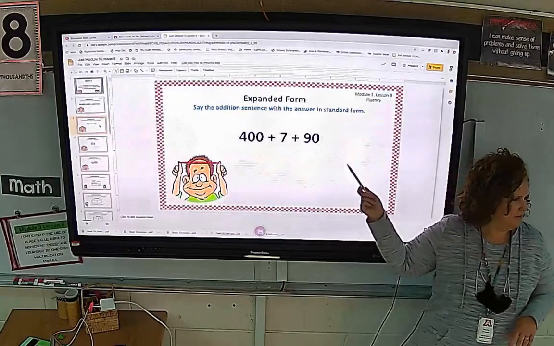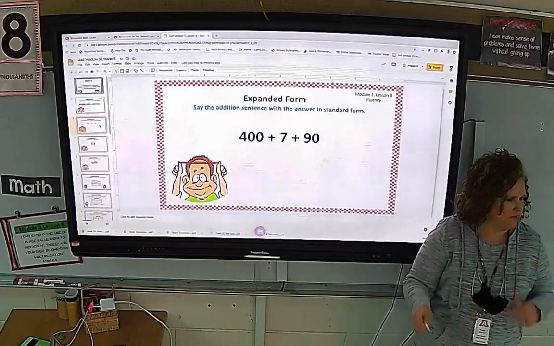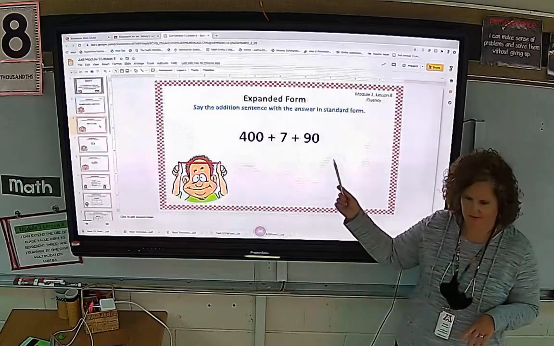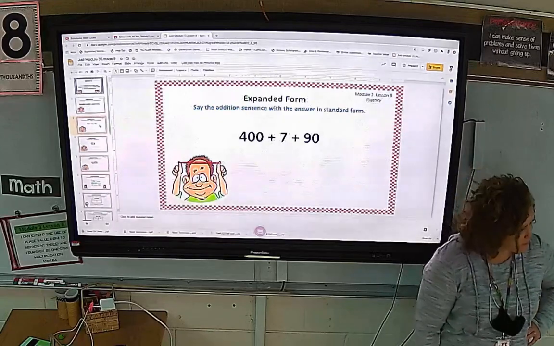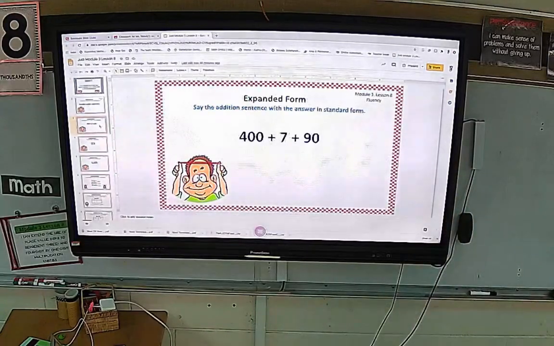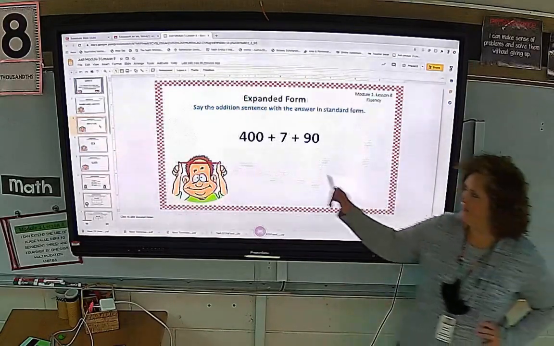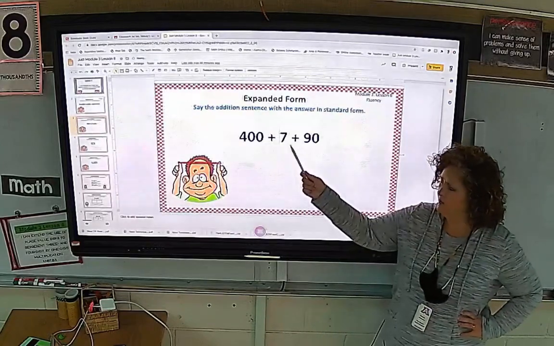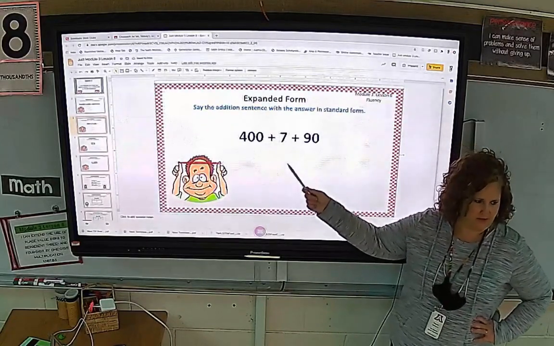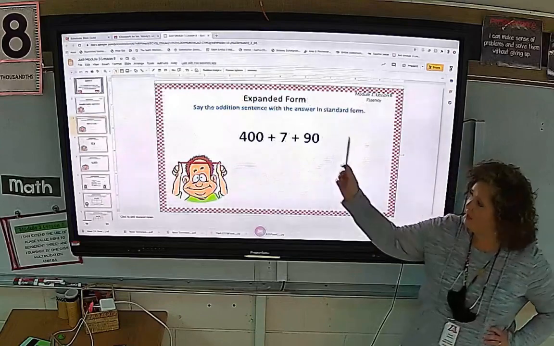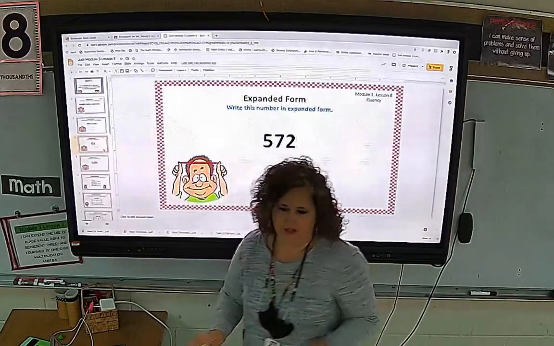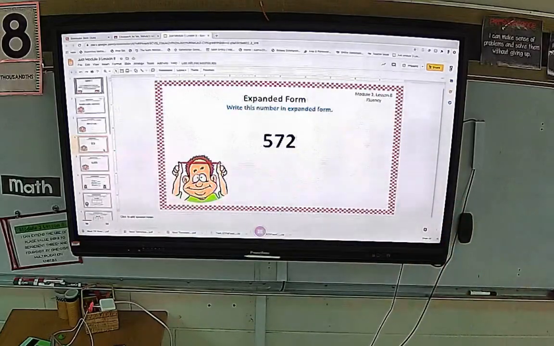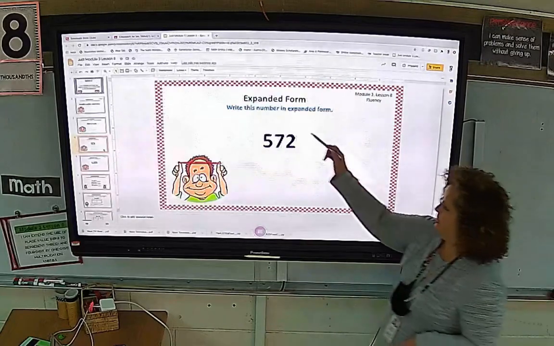This was not in the usual order. Are they allowed to do that? Mix it up? Yes. Would it be the same answer? Yes. But if you're not careful, you might have put 7 times 10 there instead of 7 times 1. So be careful. On your regular whiteboard, the hard one, I want you to try and write this number in expanded form.